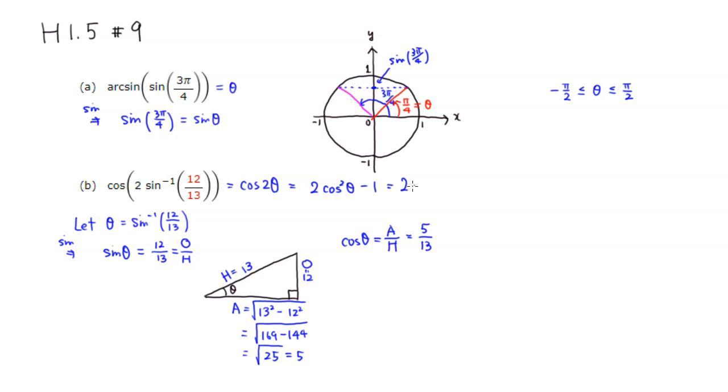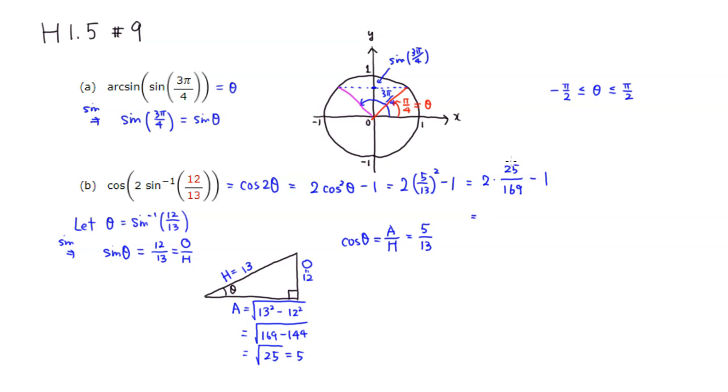This is going to be 2 times cosine, which came out to be 5 over 13, squared, minus 1. So this is going to be 2 times, 13 squared would be 169, and 5 squared would be 25. Then we subtract 1 from there.